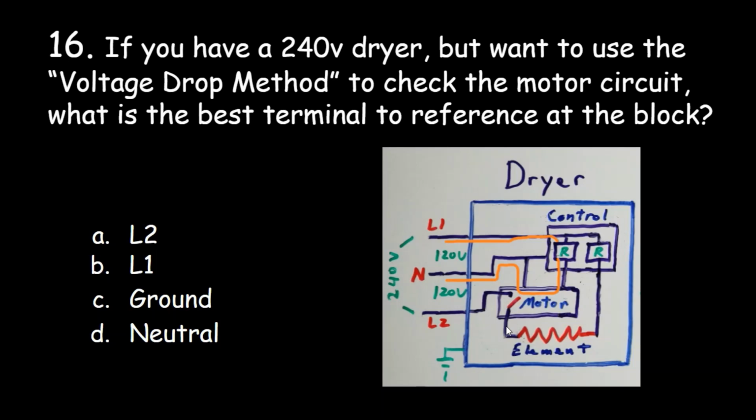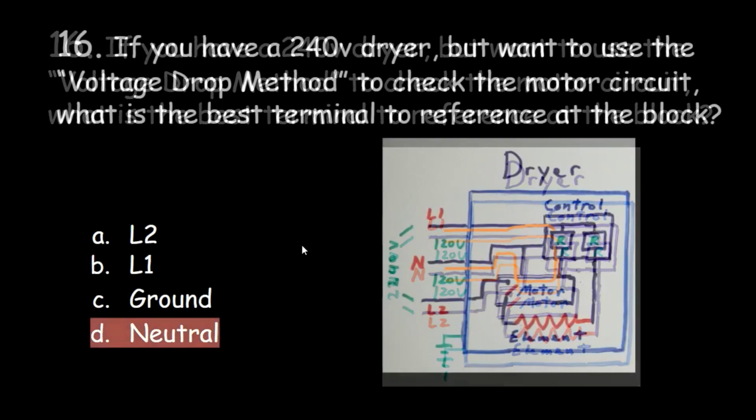It does connect to the centrifugal switch. That is an entirely different circuit than that which supplies voltage to the motor for the motor to run. So the answer is, when checking the motor circuit in a 240 volt dryer, you're actually going to use neutral because you're only interested in the 120 volt circuit between L1 and neutral, which powers the motor.